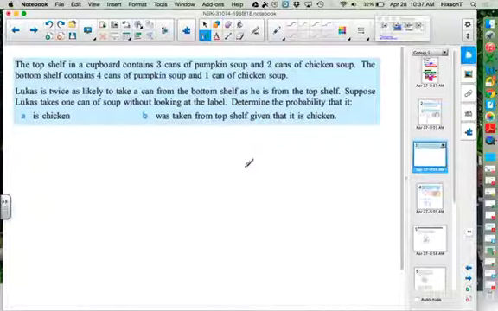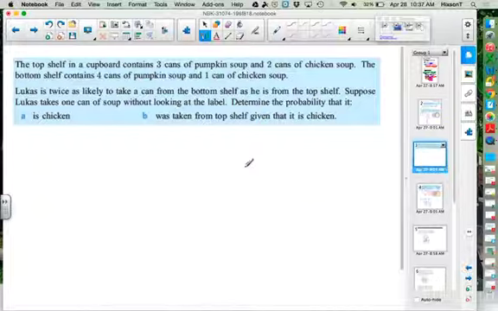So it says, first of all, the top shelf in a cupboard contains 3 cans of pumpkin soup, 2 cans of chicken soup. The bottom shelf contains 4 cans of pumpkin soup and 1 can of chicken soup. The reason a tree diagram is helpful here is because we have 2 choices to make.